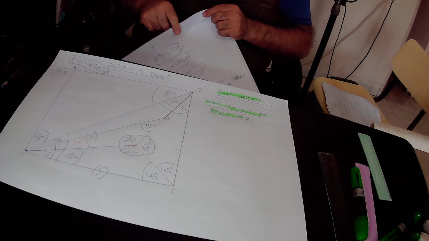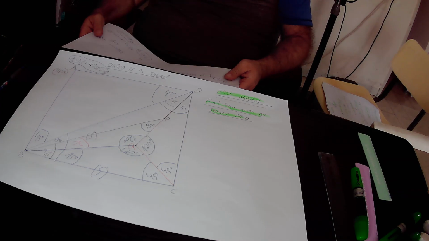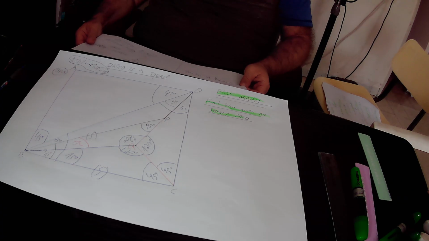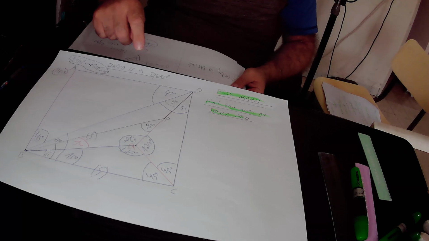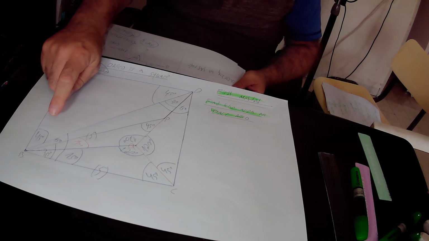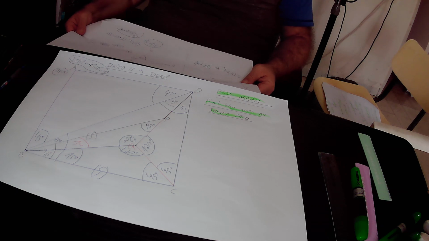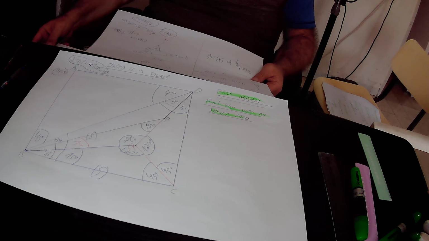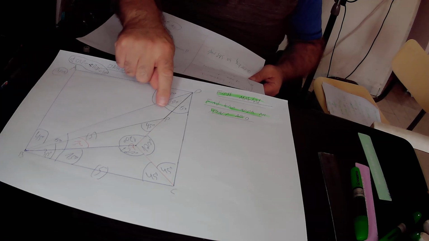So, in the next step, I presented to you rule 8 in this triangle BDP. Actually, I copied triangle BDP onto a page and implemented rule 8 in this triangle BDP.